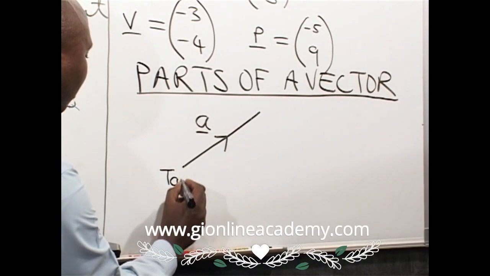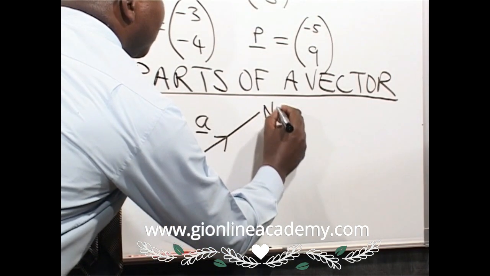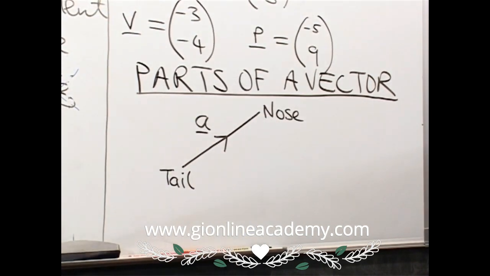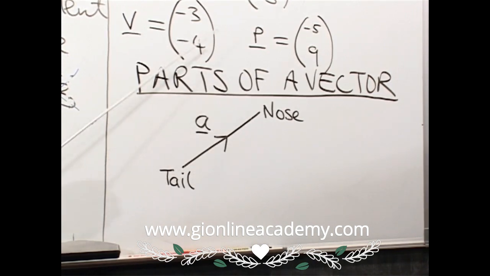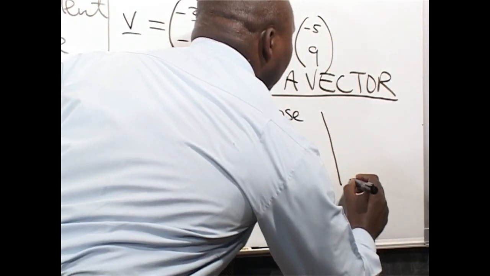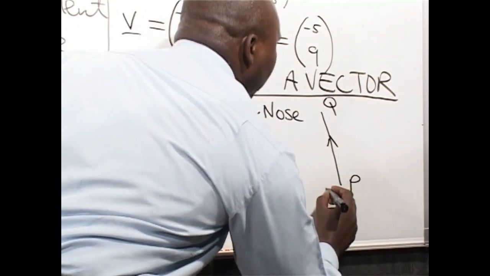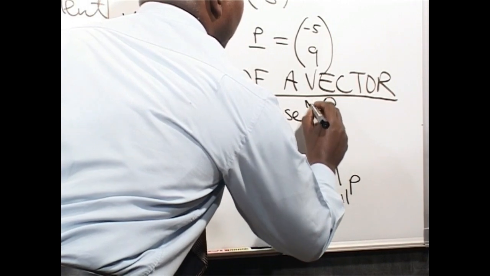So the starting point here is the tail. The end point, the nose. So every vector has a starting point and an end point. Every starting point is called a tail, the end point, a nose. Even if I have a vector PQ, the point where it is starting from is the tail.